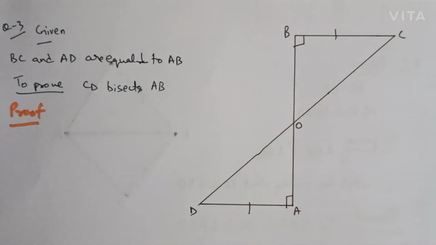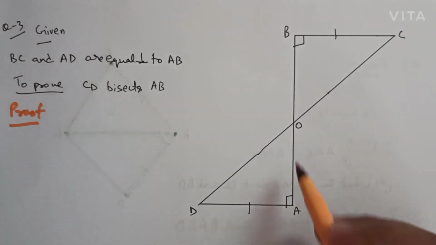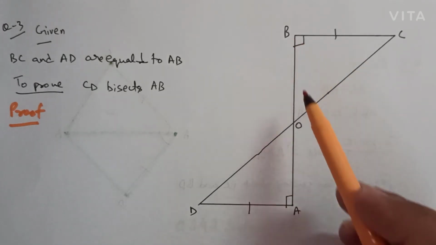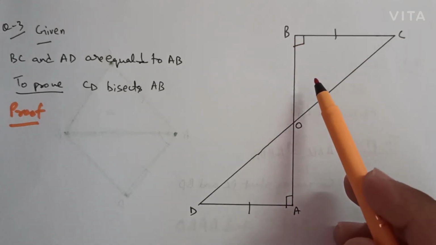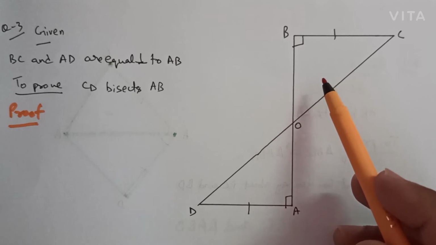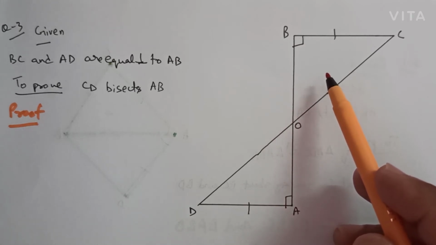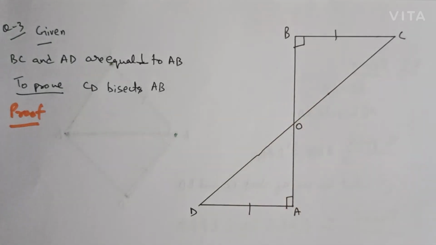Okay, understood? Plan of action understood? For proving AO equals to BO, we have to prove triangle AOD congruent with triangle BOC, and then by CPCT we can prove that since AOD is congruent with BOC, so AO is equal to BO by CPCT.